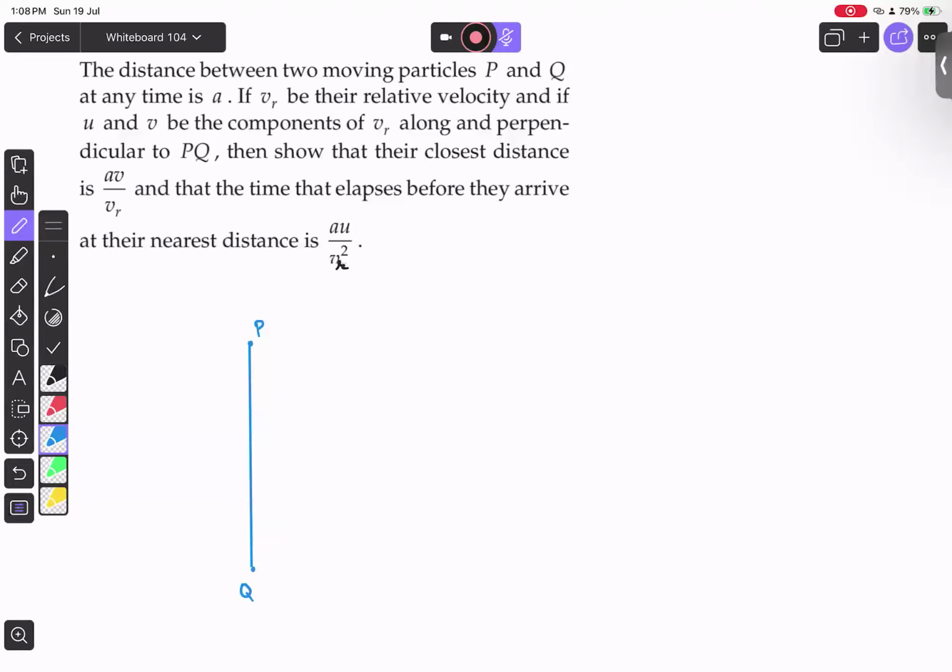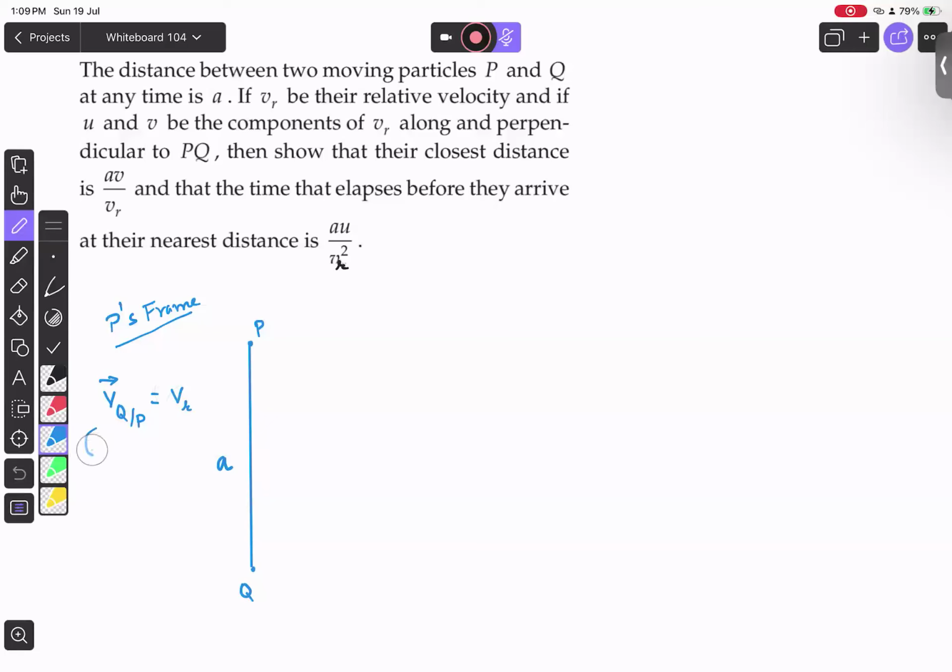The separation between them is given to us as A. Now, suppose I sit in the frame of P, because I am going to sit in P's frame, then what is given is that the velocity of Q with respect to P is equal to VR.